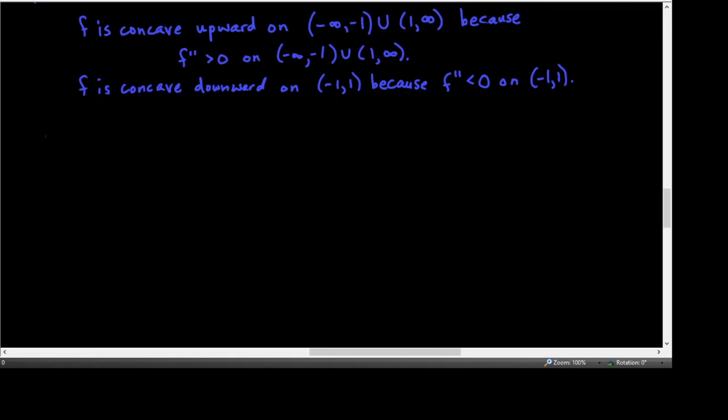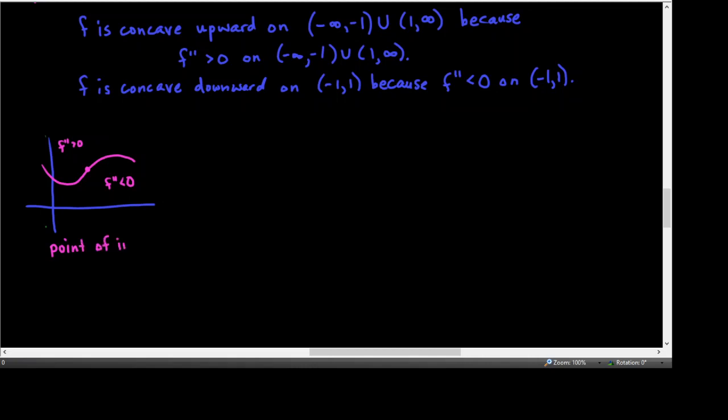Let's just draw a few curves, generic curves, if you will. If we have, for example, a curve that looks like this, concave upward, then concave downward, at that point where it changes from concave upward, that means the second derivative is positive, to concave downward, which means the second derivative is negative, there's a point, and that point is called a point of inflection.